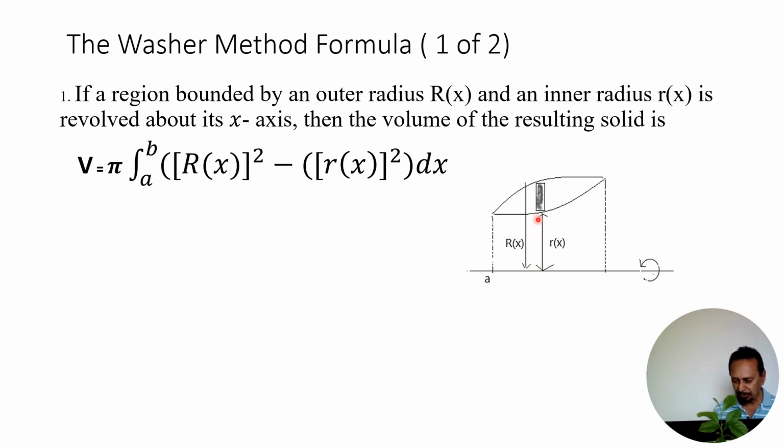And this lowercase r of x is the inner radius. If this is revolved about the horizontal axis, then you have to use this formula: V is equal to pi times the integral from a to b, say a is this boundary and b is this boundary, of R of x squared minus lowercase r of x squared dx.